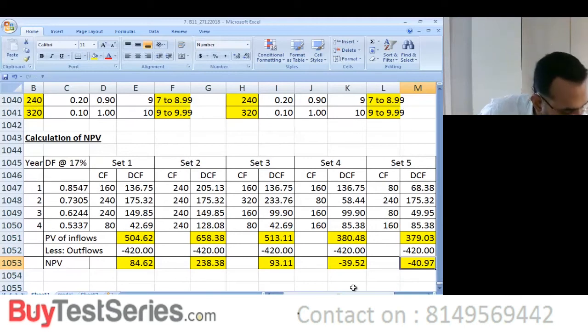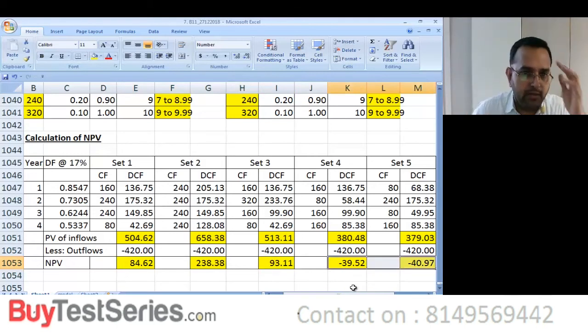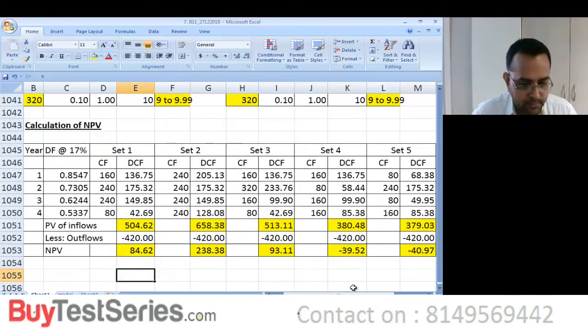I want you to read out the last line of the problem. On the basis of simulation exercise, also find out the expected NPV. That's what we found out. And the probability that the NPV will be less than 0. Out of these 5 simulation exercises, we found out that in 3 cases NPV is positive, correct? 2 cases NPV is negative. 2 out of 5 cases NPV will be less than 0. 40% chances. That's what we'll conclude.